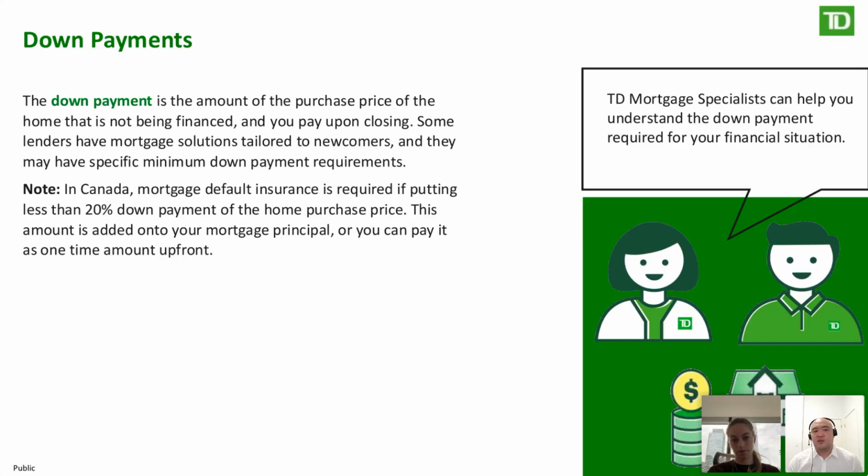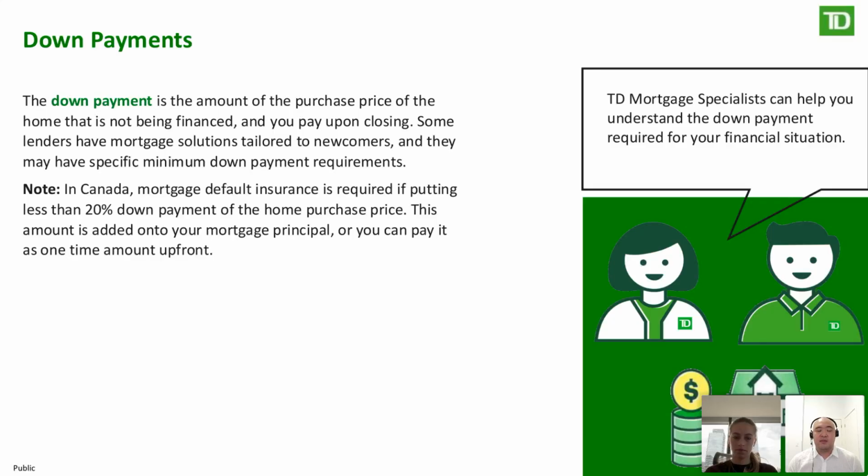But as an FYI for those interested, less than 20% down payment requires default insurance in Canada. For first-time buyers, the minimum down payment required is 5% of the purchase price up to $500,000, and the maximum purchase price is up to 1.5 million.